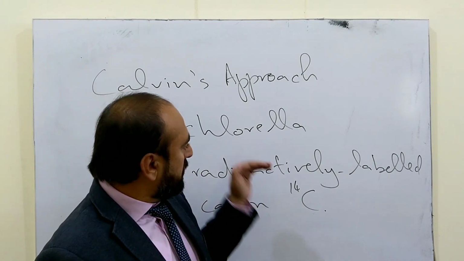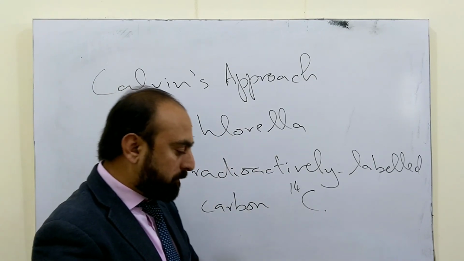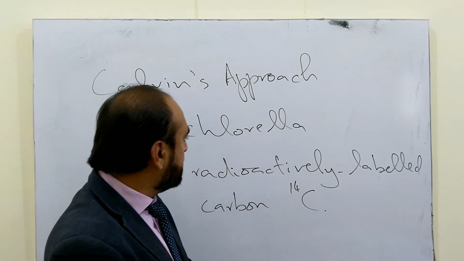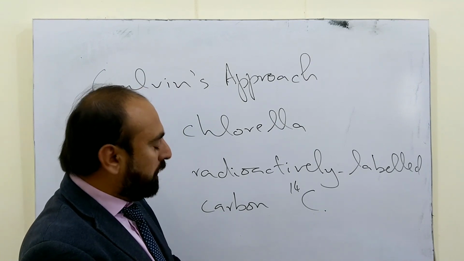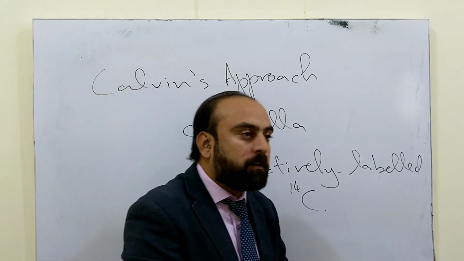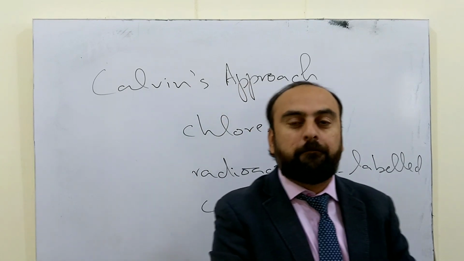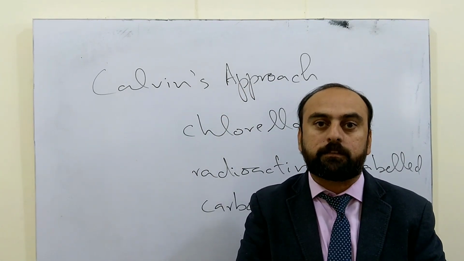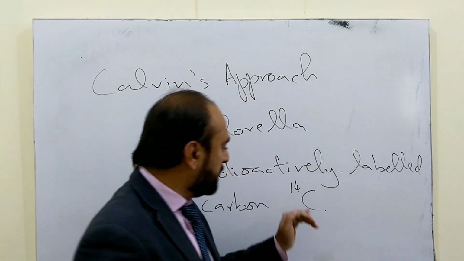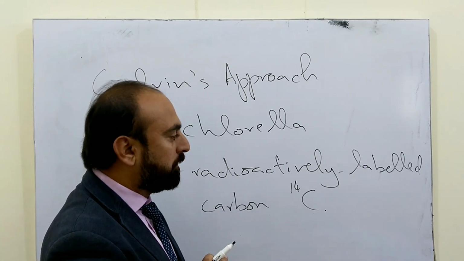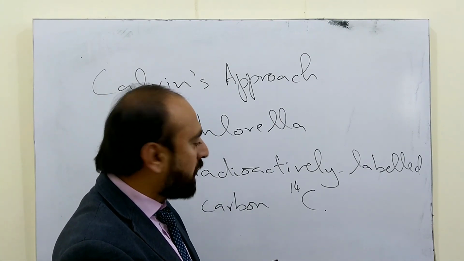So first they illuminated the culture of algal cells, and they allowed the establishment of a steady-state rate of photosynthesis, and then they supplied this radioactively labeled carbon dioxide.